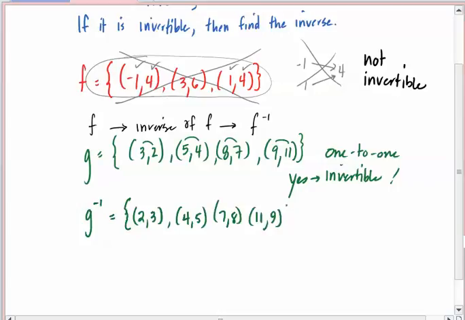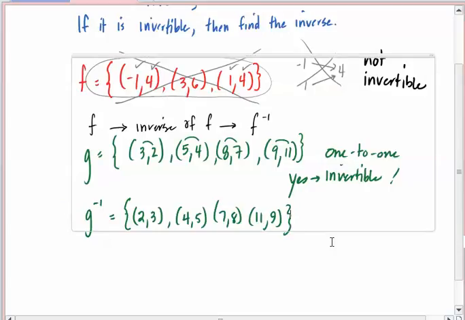And you remember from Algebra 2 that to get an inverse, all we need to do is switch the x and the y. Alright, so there's the inverse of g. F didn't have an inverse because it was not one-to-one. Alright, thanks a lot for watching.